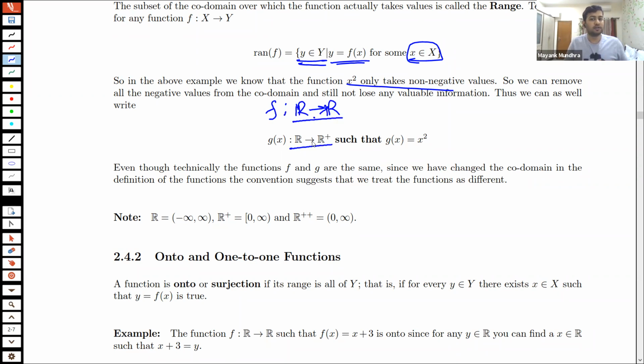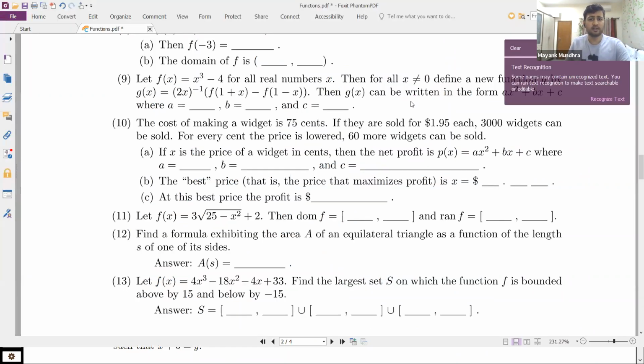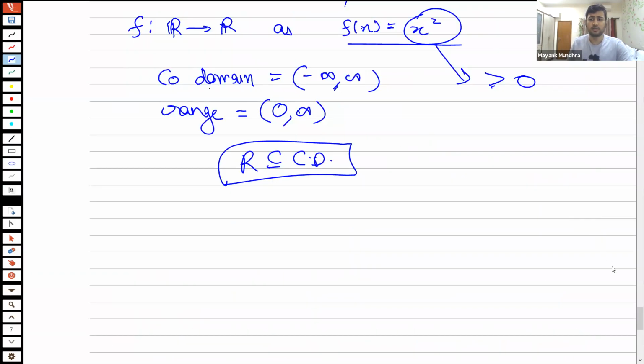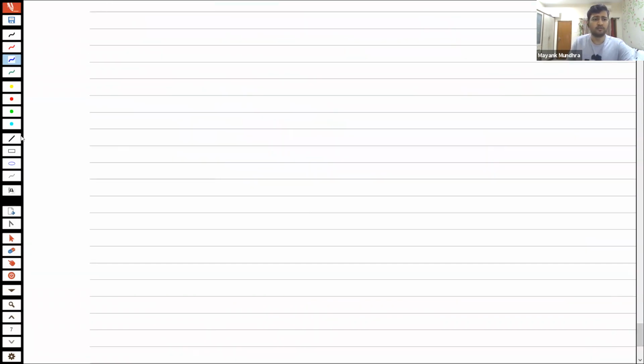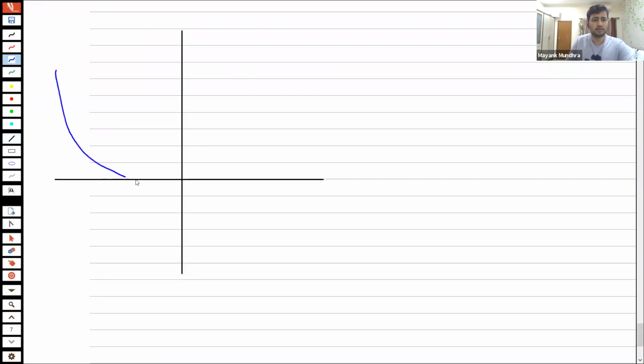Technically, when you define this function as this or this, you're just removing some parts on the y-axis. What you're basically saying is that when I'm drawing the curve of y equals x square, I can either draw it like this, or I can draw it like this.